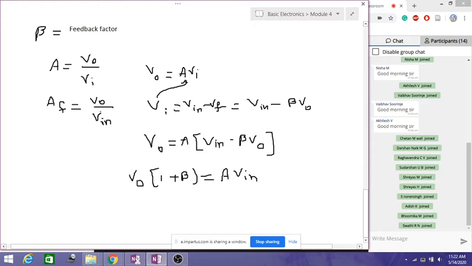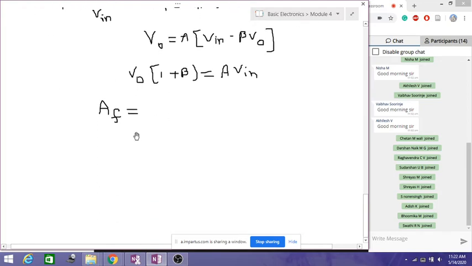So if you write the overall feedback, V naught we can substitute here, then AF is equal to, so what is V naught? V naught is nothing but A into V in by 1 plus beta.